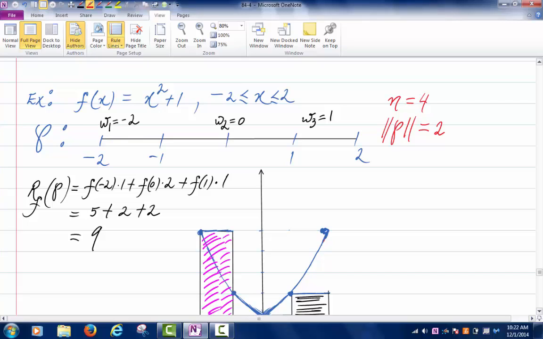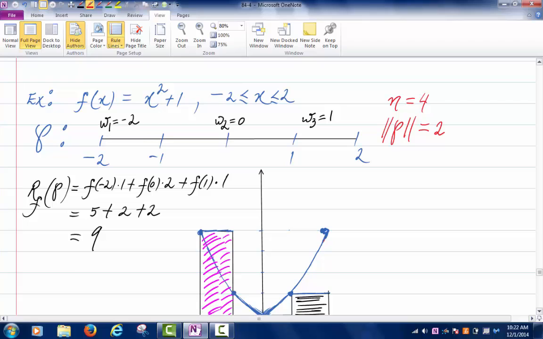Now, what would be the Riemann sum in this case? Well, I have to pick sample points first. So in this case, I picked the sample points in the following way. The first subinterval is between -2 and -1, right?